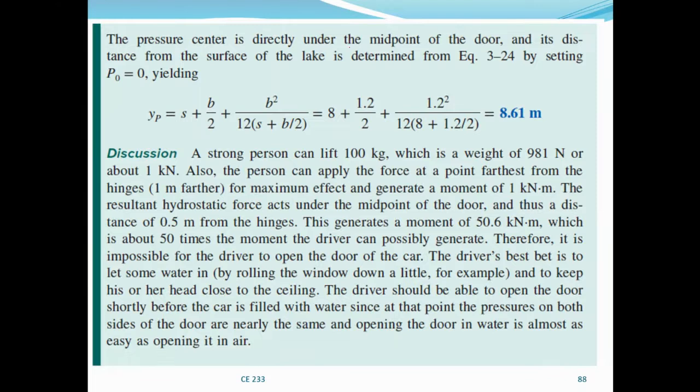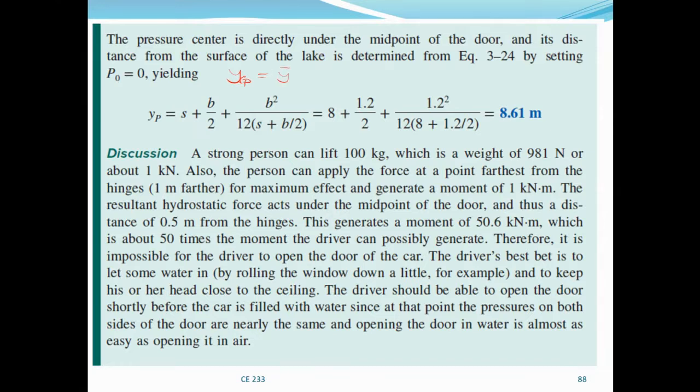The center of pressure is directly under the midpoint of the door, and its distance from the surface of the water is determined by the equation we derived before, YP or YCP. Different textbooks use different notations. Here they're using YP, the other one we're using YCP, all referring to the center of pressure.